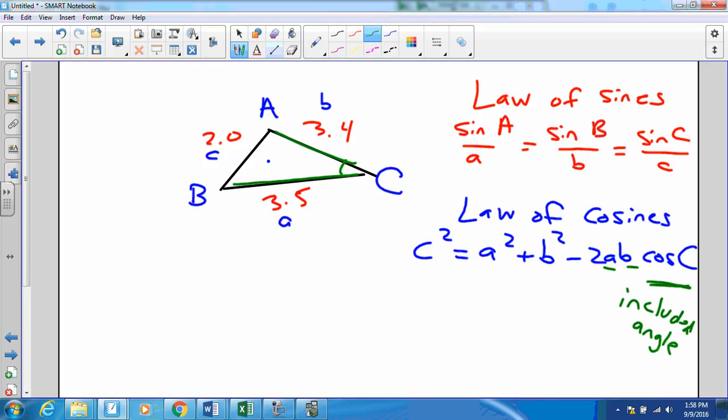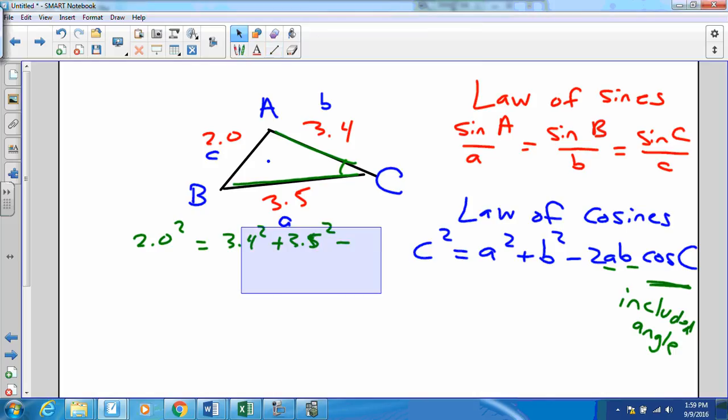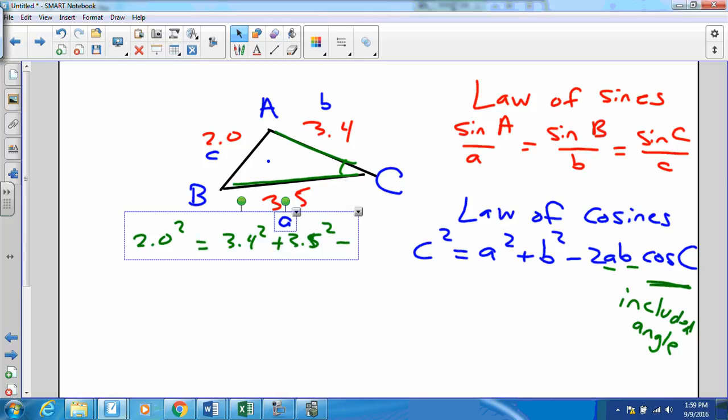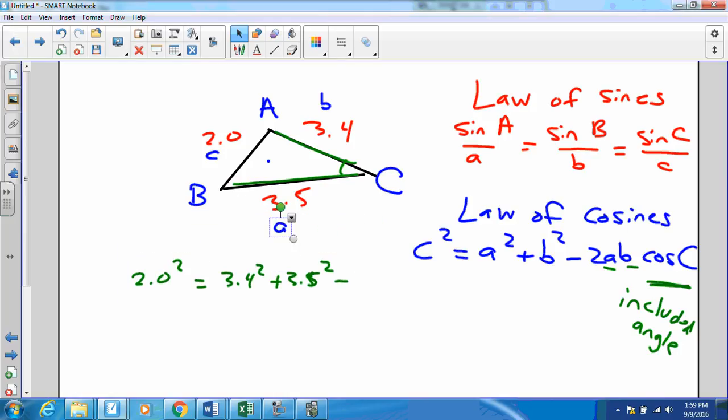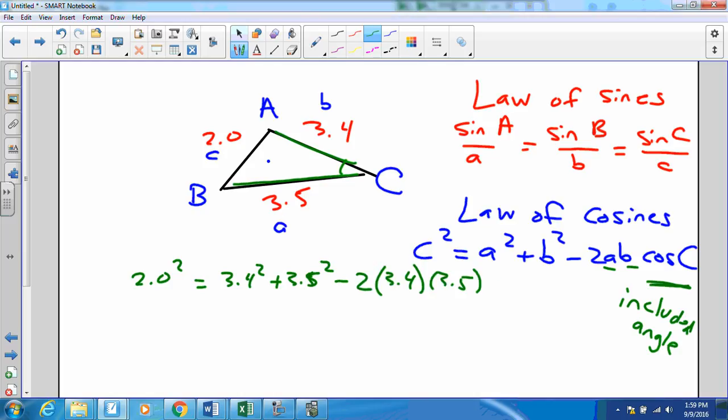So now, having done that, we can run the law of cosines and say that C squared, or 2.0 squared, equals A squared plus B squared minus 2AB, minus 2 times A times B times the cosine of the angle between.